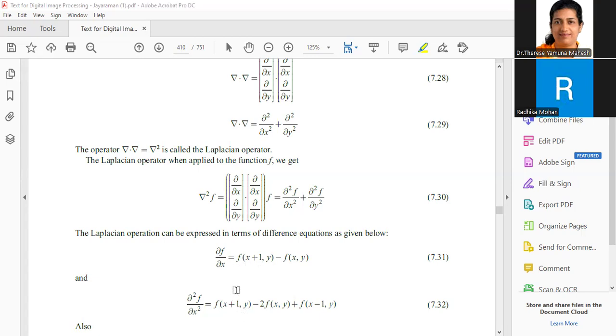That is what is written here, f of x plus 1 comma y minus f of x comma y. You have another x comma y over here, that is why you have 2 f of x comma y. Then minus f of x minus 1 comma y. X to x minus 1, so the sign becomes plus, since minus and minus become plus. So we arrive at this expression.